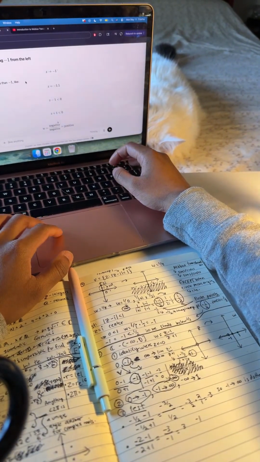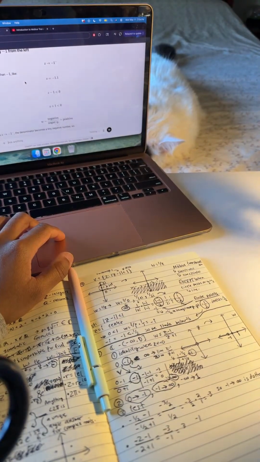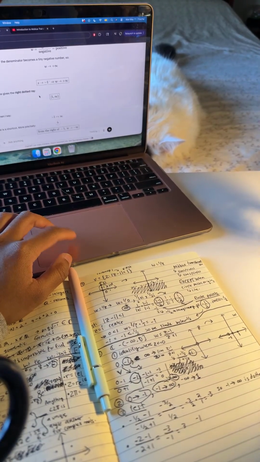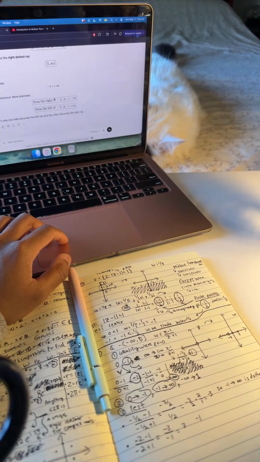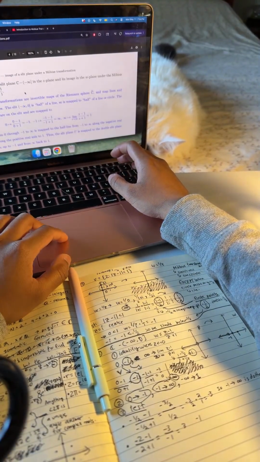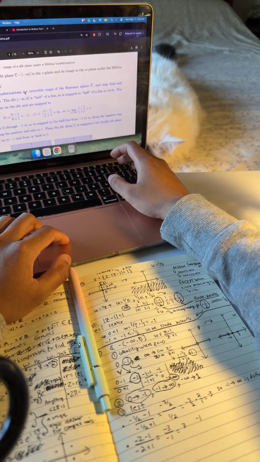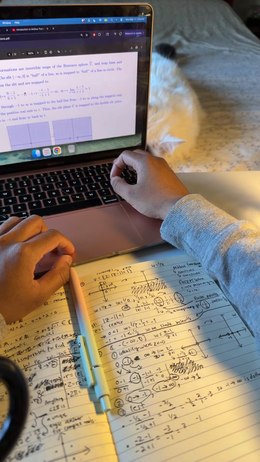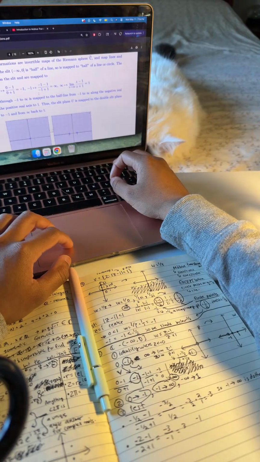Less than -1, like that. Then it's positive. That's the right dotted ray. 0, -1, infinity gives us these three mappings: 0 to -1, -1 to infinity, infinity to 1.